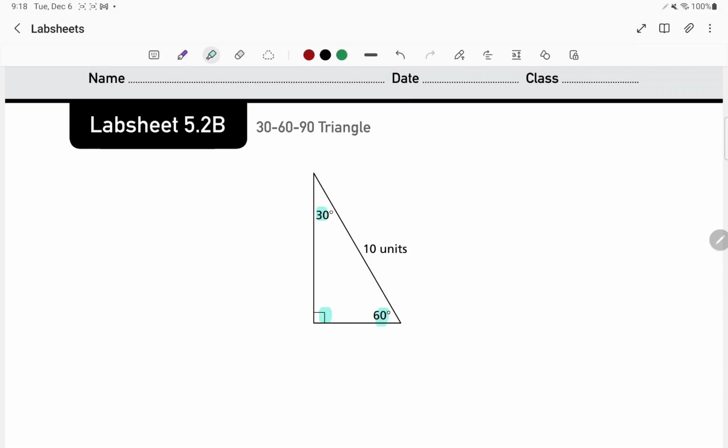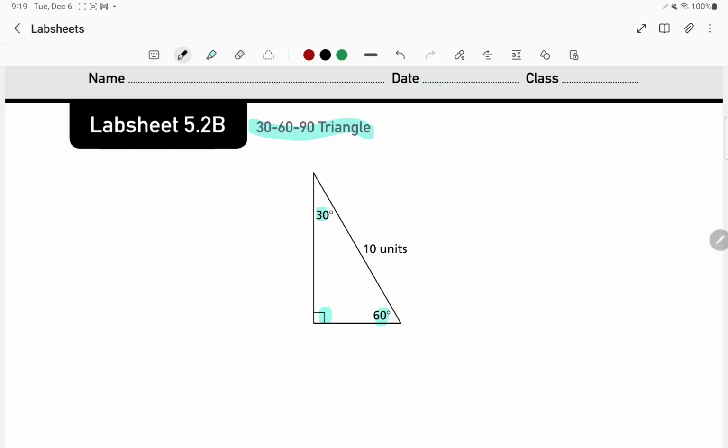That's easy to identify if you label those. The reason we're using a 30, 60, 90 triangle here is that it is that portion of the equilateral triangle that we just studied. This is just the half side of it. That's why we're looking at a 30, 60, 90 triangle. Now the first question says, what are the lengths of the other two sides?